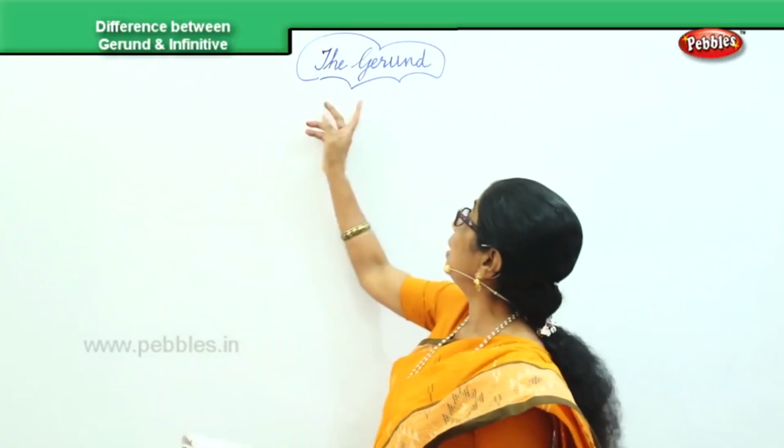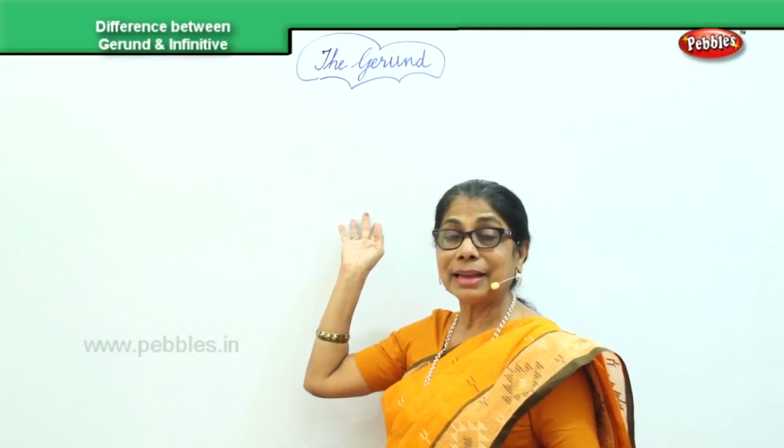So now we're going to look at the distinction between an infinitive and a gerund. A gerund is partly a noun and partly a verb and ends in -ing.